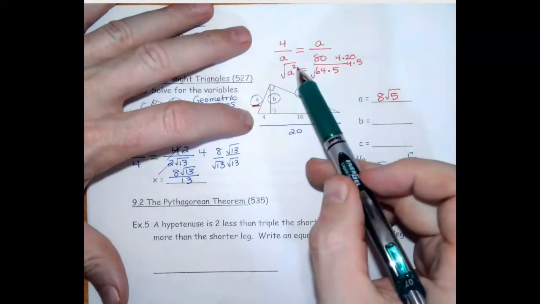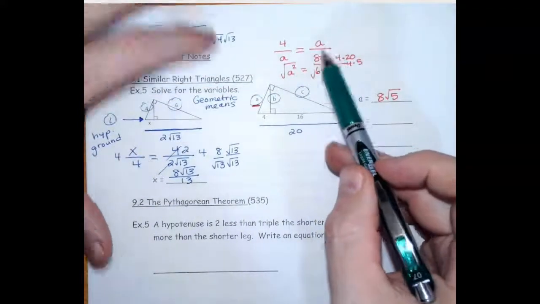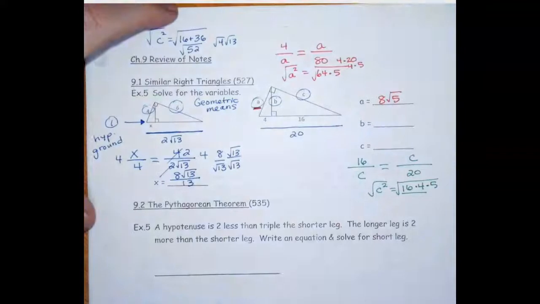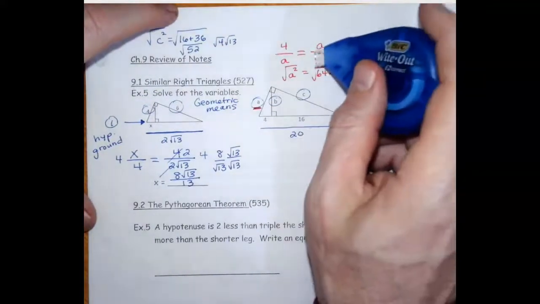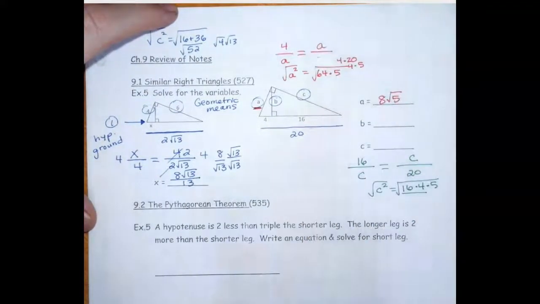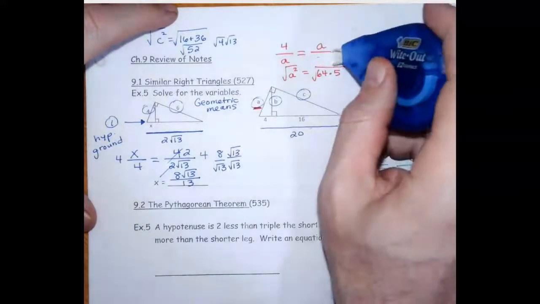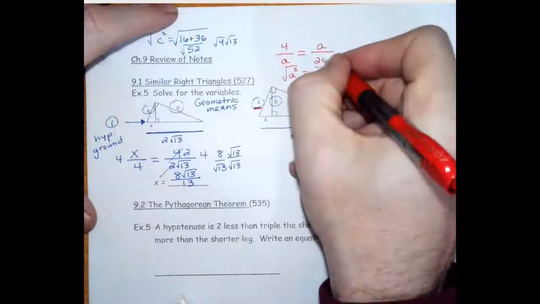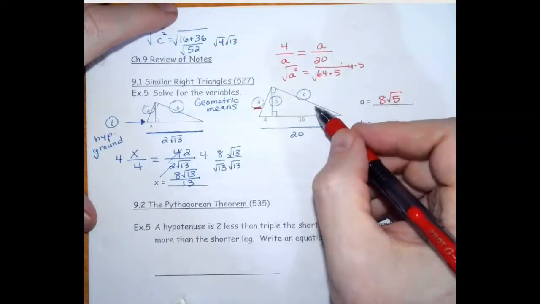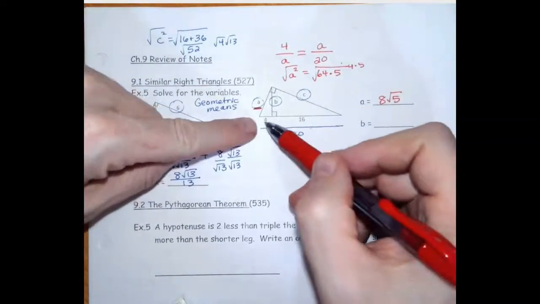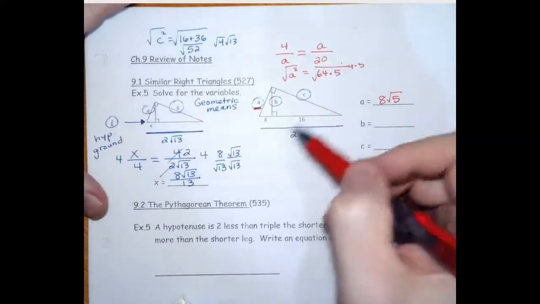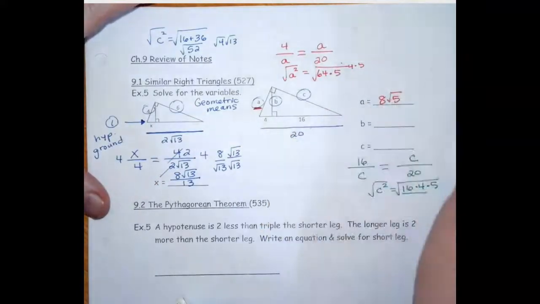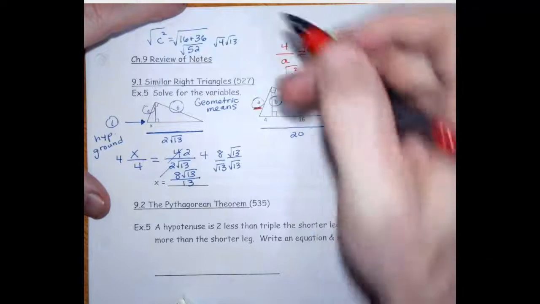Why did I do 80 here? That's a mistake. That was supposed to be over 20. Yikes. So that should have been 4 and 20. Oh, I multiplied those. I got 80, I guess, in my head. I wanted to do more math.